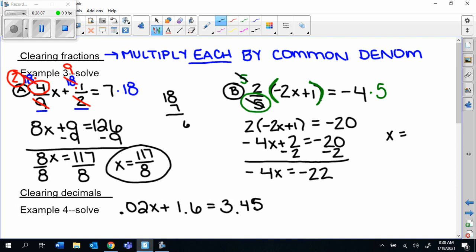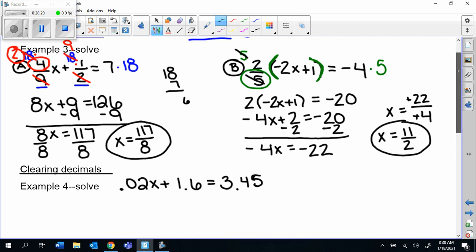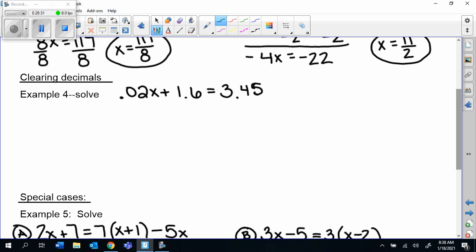I'm going to end up with negative 22 over negative 4. 2 negatives make a positive, and I can reduce that down. Take a 2 out of the top and the bottom, and my answer is 11/2. You can see quite a few of my examples don't work out nicely, and so I just really want to emphasize that it's not always going to be like an x equals 2 situation.